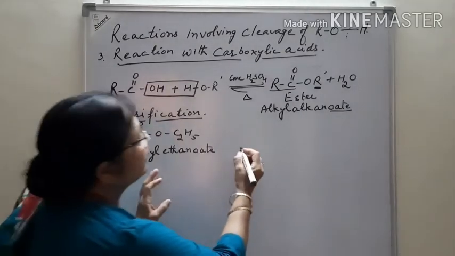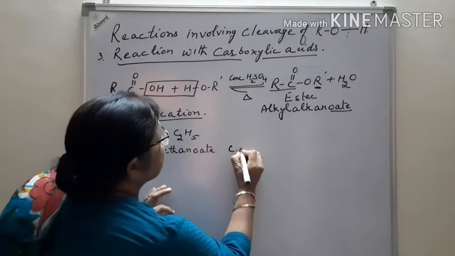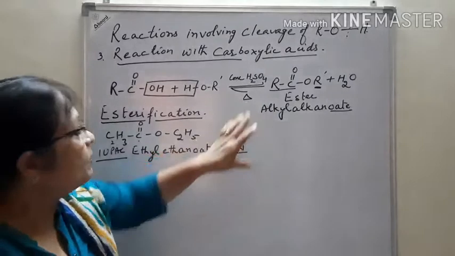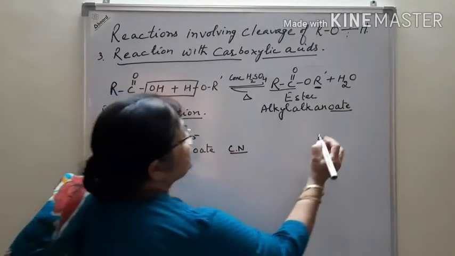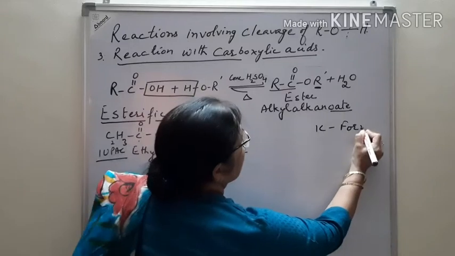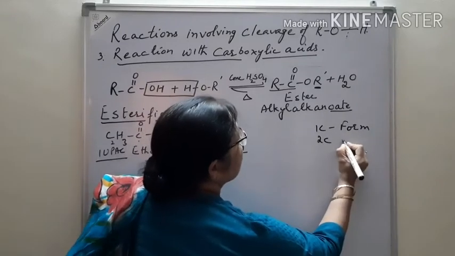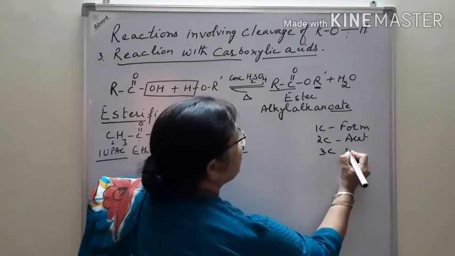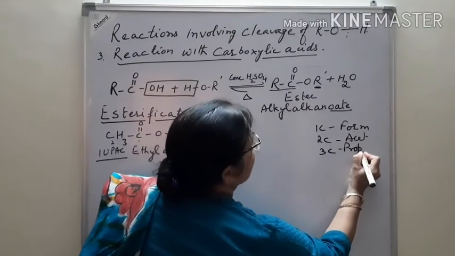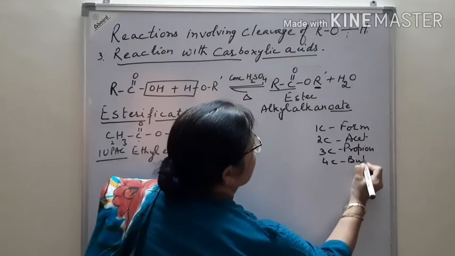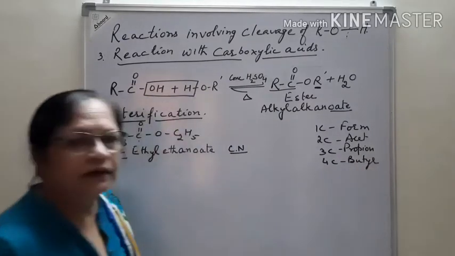Similarly, you can give the common name also. In common names, for one carbon you write formic, for 2 carbons acetic acid, for 3 carbons propionic, and for 4 carbons butyric, right?